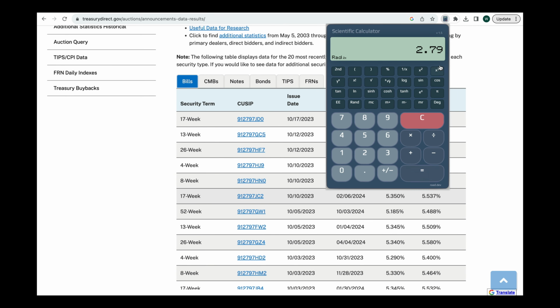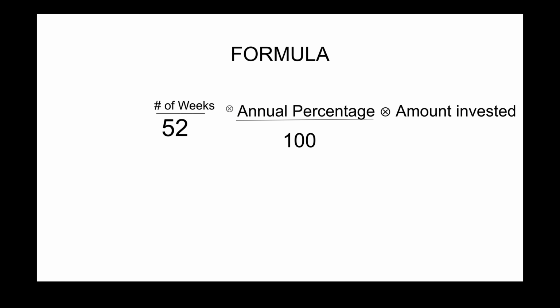Now you see this makes sense because 26 weeks is half of a year, and you can kind of eyeball that around 2.8% is roughly half of 5.58%. Once again, we're going to divide it by 100 to turn it from the percentage to the decimal amount and multiply it by our $1,000, and we come up with $27.90.